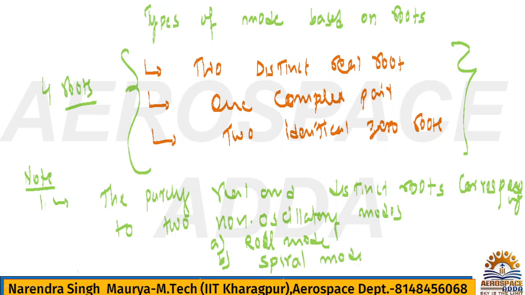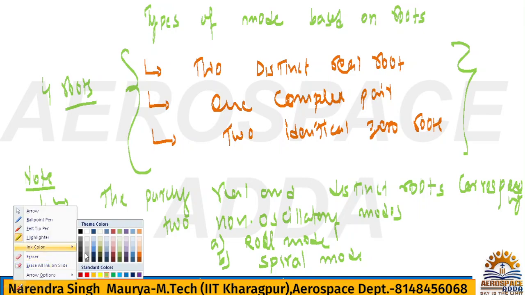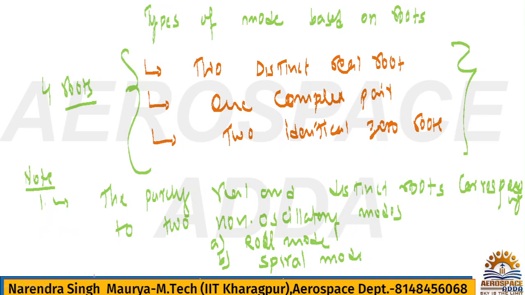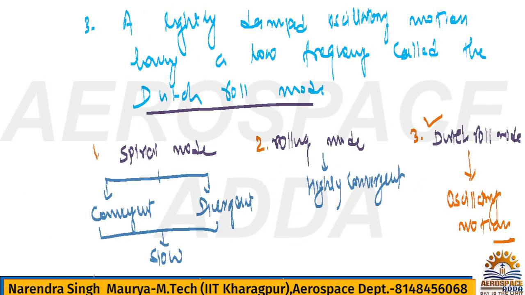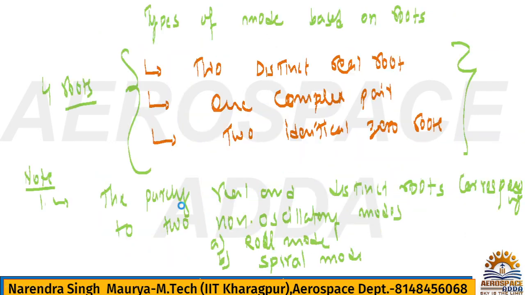Listen carefully, it is very easy to remember. Two non-oscillatory modes I have told you, number one and number two. These two are the non-oscillatory modes, which means there is no oscillation. The condition is that we have two distinct real roots.